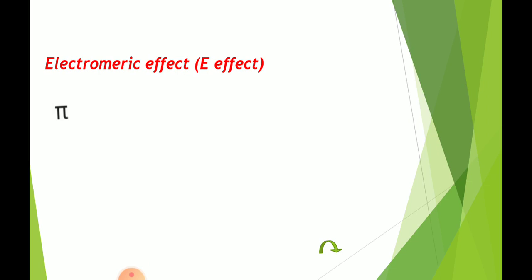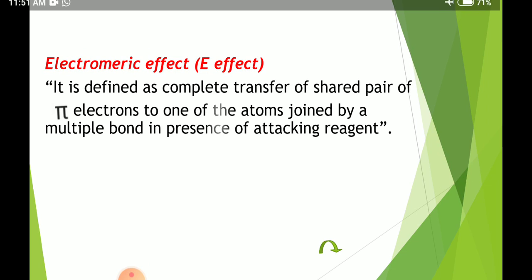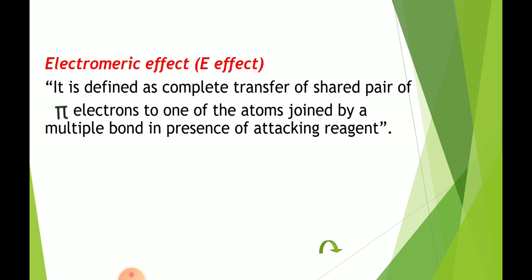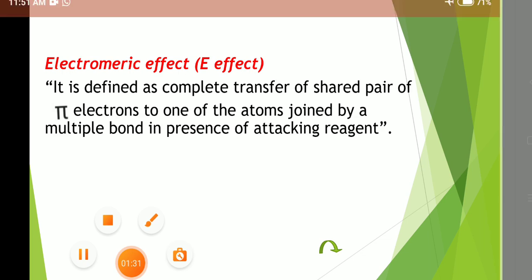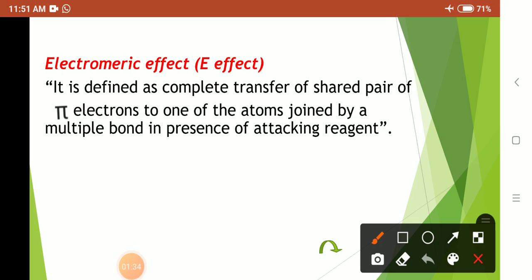So how to define electromeric effect? E effect is defined as complete transfer of shared pair of pi electrons to one of the atoms joined by the multiple bond in presence of attacking reagent. So complete transfer of shared pair of pi electrons means what?